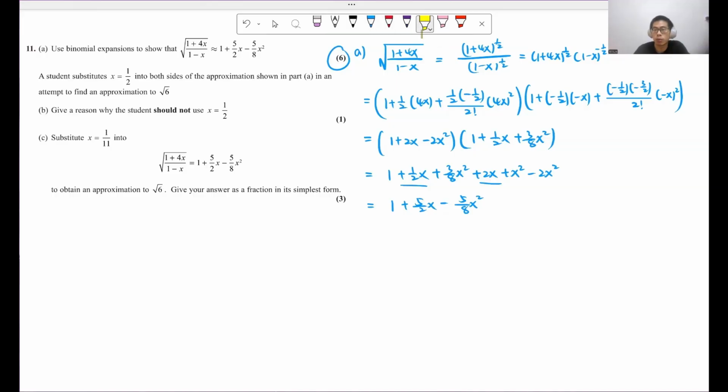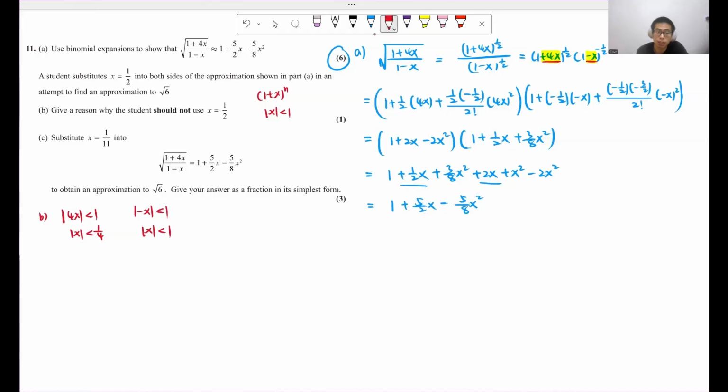To do that, we just have to look at 4x and negative x. Because in the formula, 1 plus x to the power n, modulus x has to be less than 1. So in this case, 4x and negative x will be less than 1. So mod 4x less than 1 means x has to be less than 1/4. And also mod negative x less than 1, so mod x has to be less than 1. And you're looking for values which satisfy both of them.